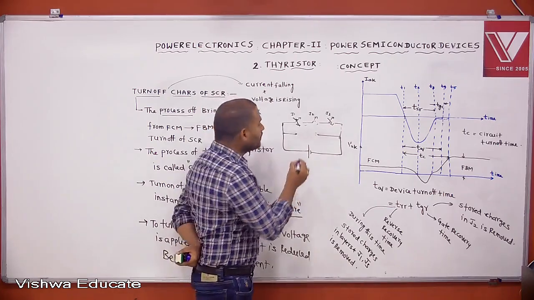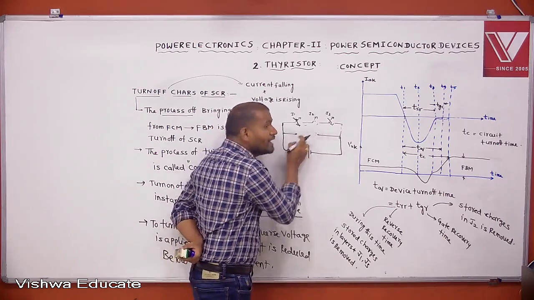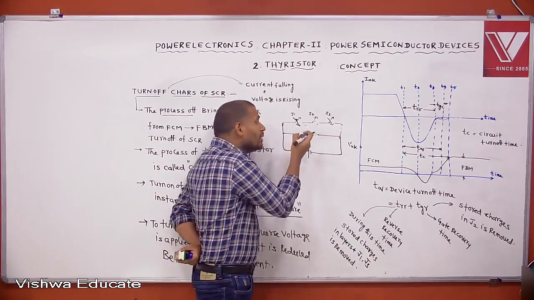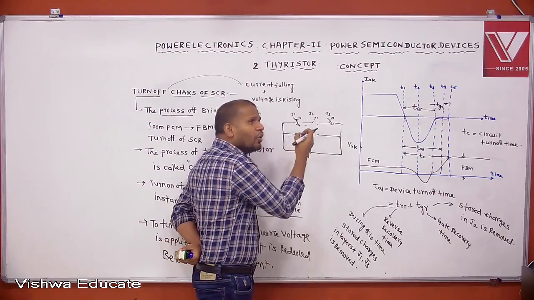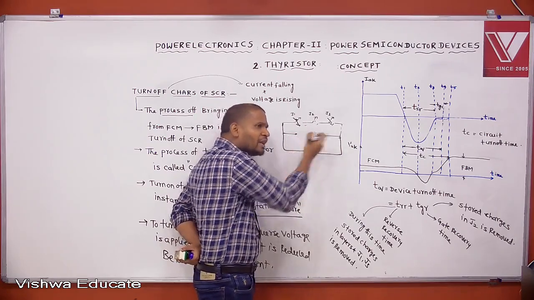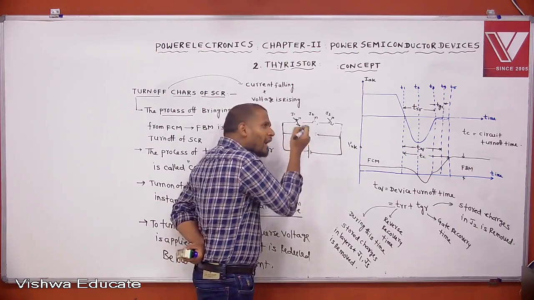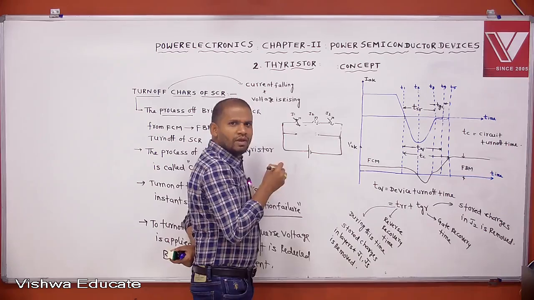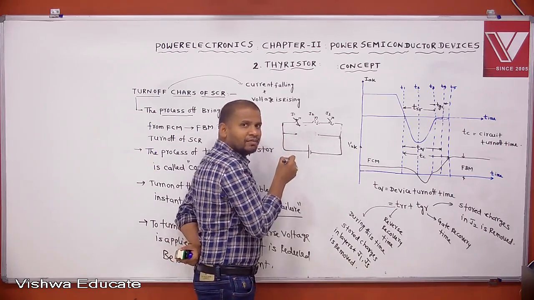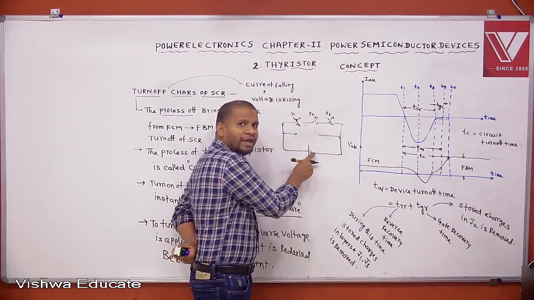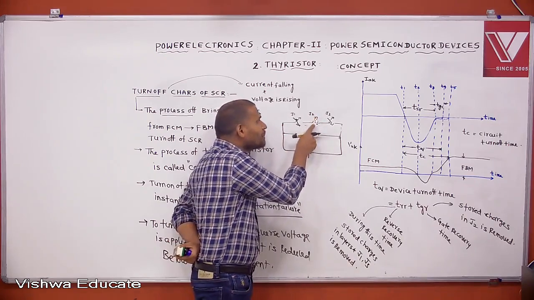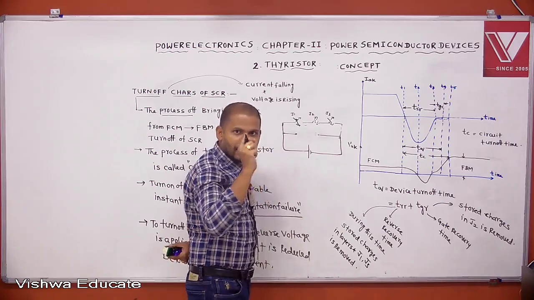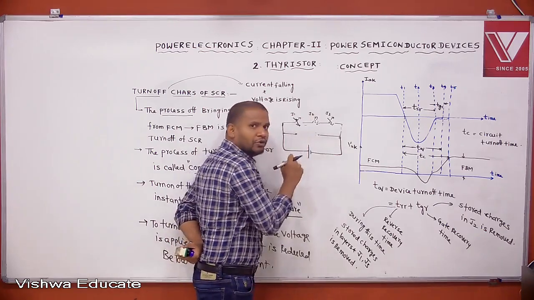For example, if this reverse voltage is applied only for some minimum time, and we are not applying it for a long time, then we remove it. Because of that, some charge carriers are remaining. With this forward voltage, because some charge carriers are present at the J2 junction, the width of J2 is less.